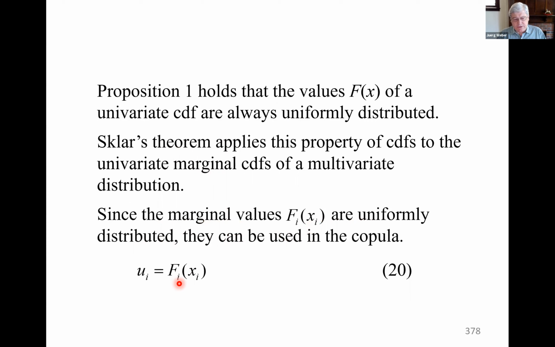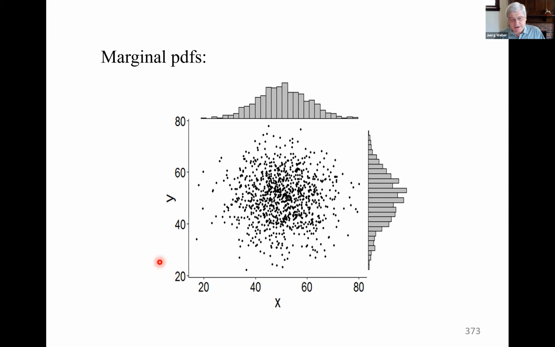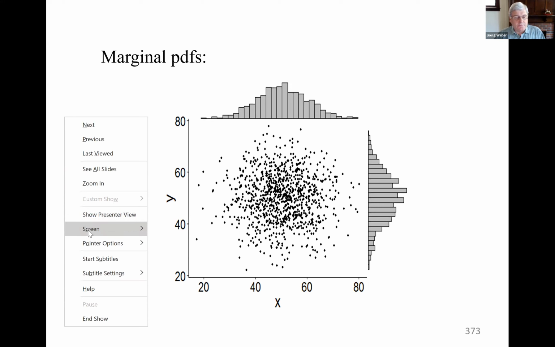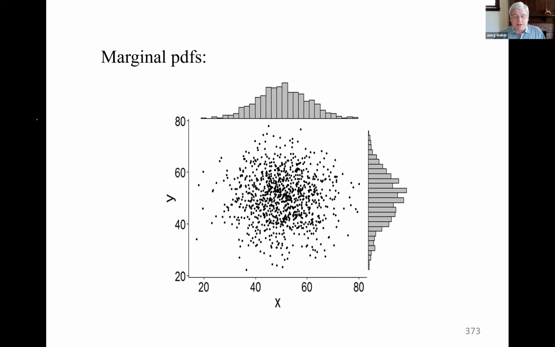Now maybe let's look at that. It goes back to this graph here. So we have a joint distribution between x and y. We have here some marginal distributions of x and y. And those marginal distributions are actually not uniform.